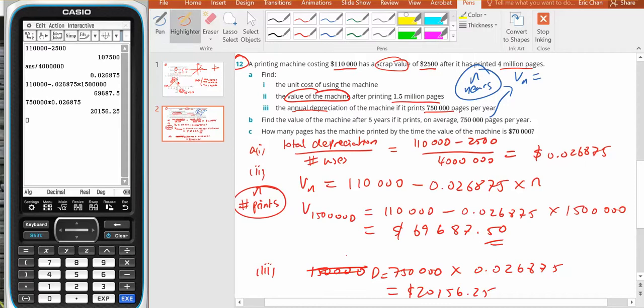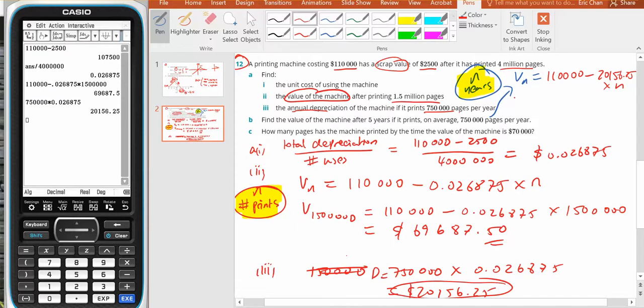You can see that this is in years and this is in number of prints, so this is a different D value. So Vn would be 110,000 minus, for every 750,000 pages, which is the yearly average, I lose $20,156.25, times n.